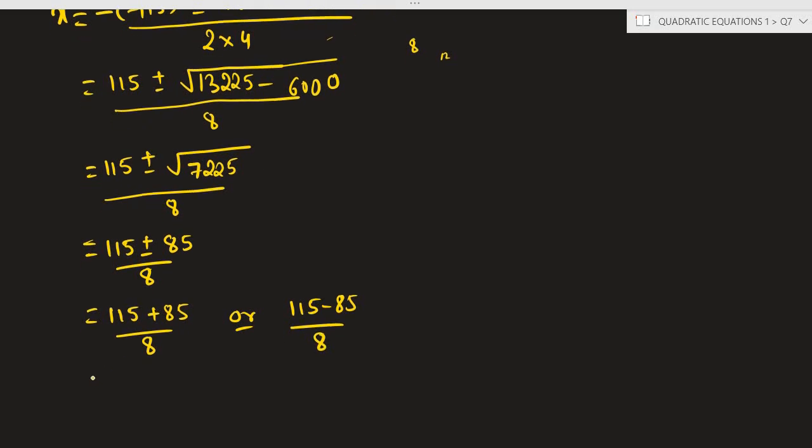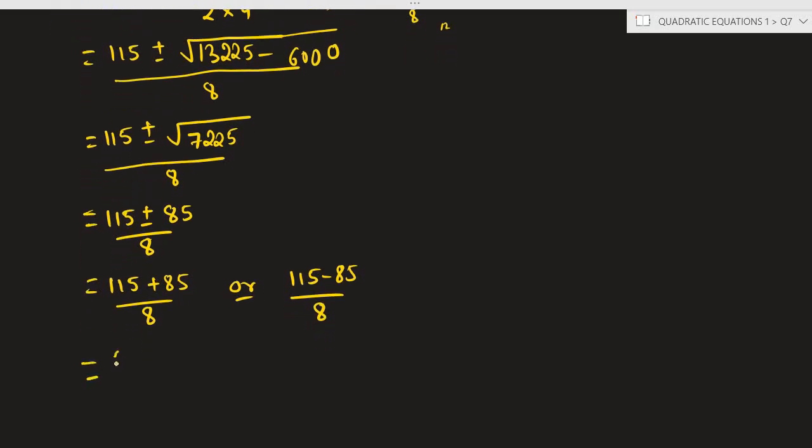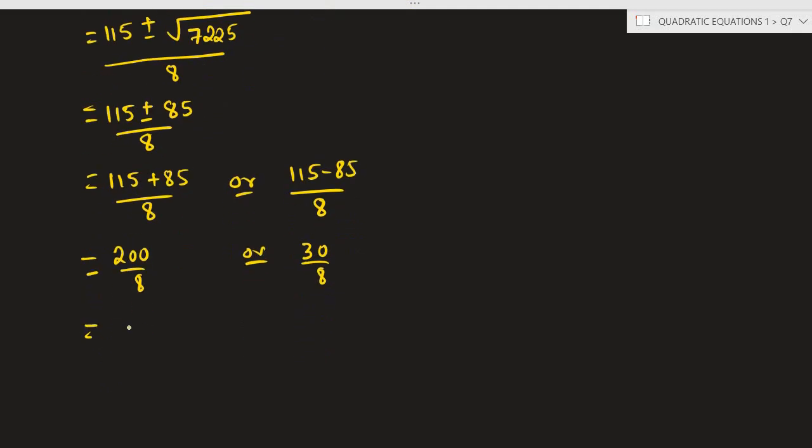So this is 200 divided by 8, or 30 divided by 8. 8 2s are 16 and 8 5s are 25 hours, or 8 3s are 24, remaining is 6, 8 7s are 56, so 3.75 hours.